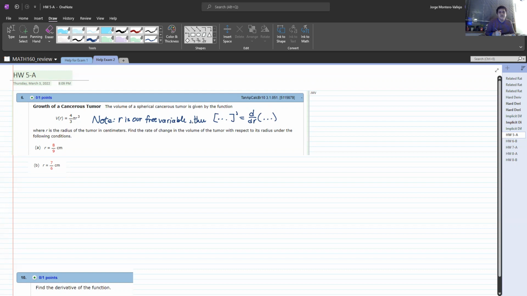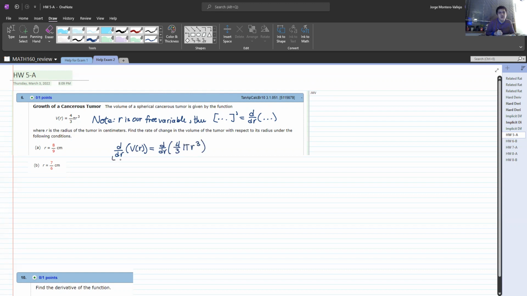If we are finding the rate of change in the volume of the tumor with respect to its radius, we are going after the derivative of V with respect to R. So we are doing d/dR of V of R equals d/dR of the expression here, 4/3 pi R cubed.